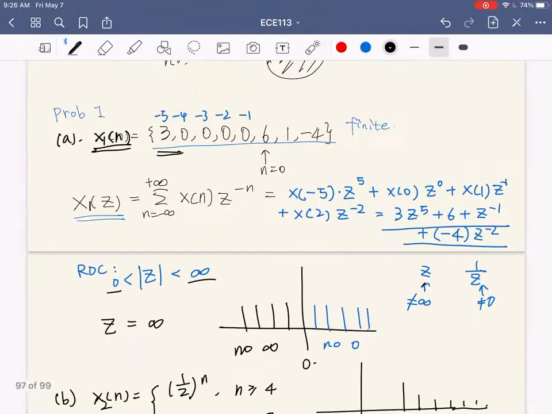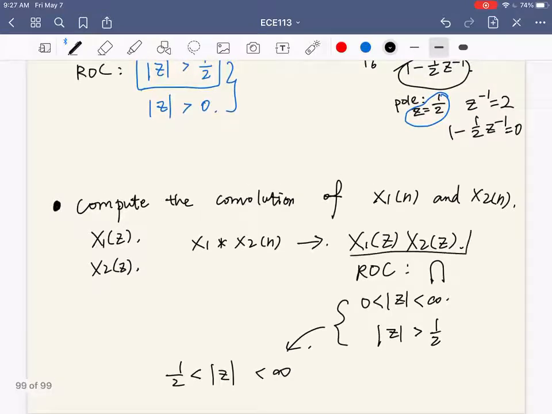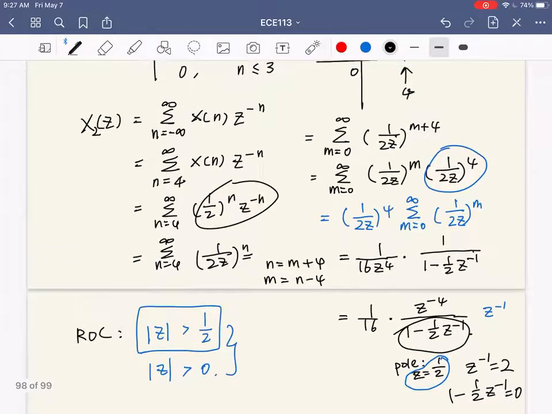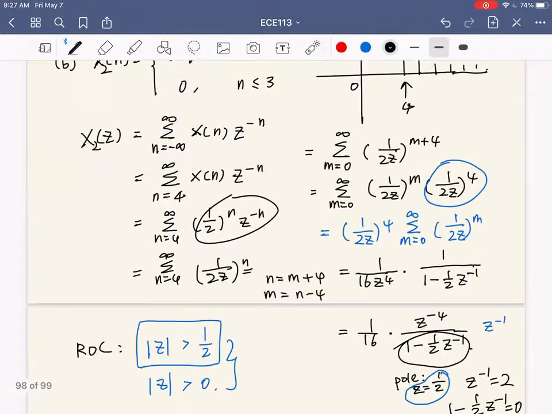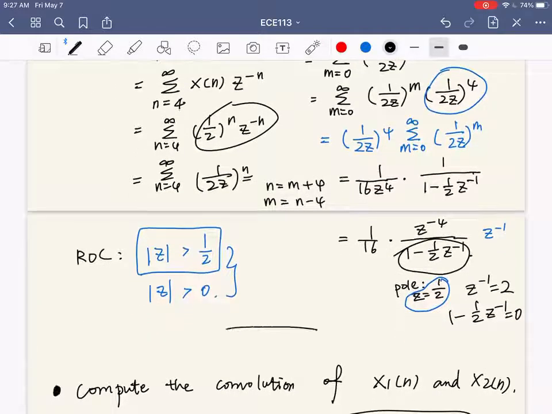Oh yes, one more thing. If you need to convert X1(z) times X2(z) back to the time domain, then in this case, this is a sum and this is a ratio. This one is simple, you just need to multiply them together, right?